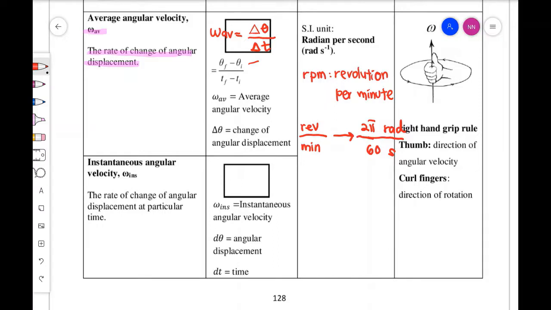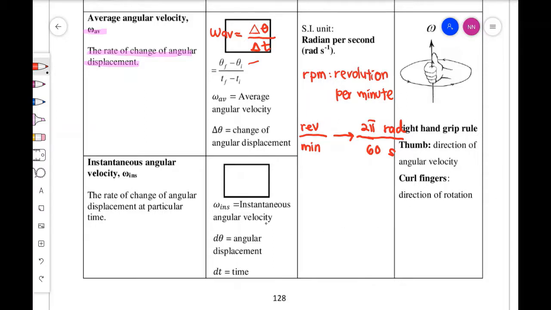So the value in revolution per minute must be multiplied by 2 pi over 60 to get it in radian per second.